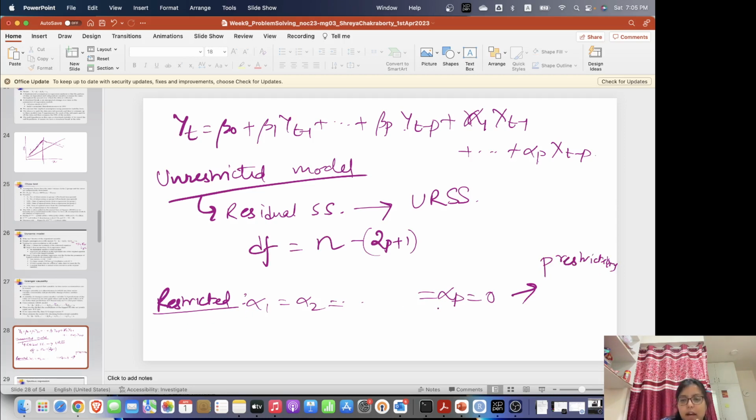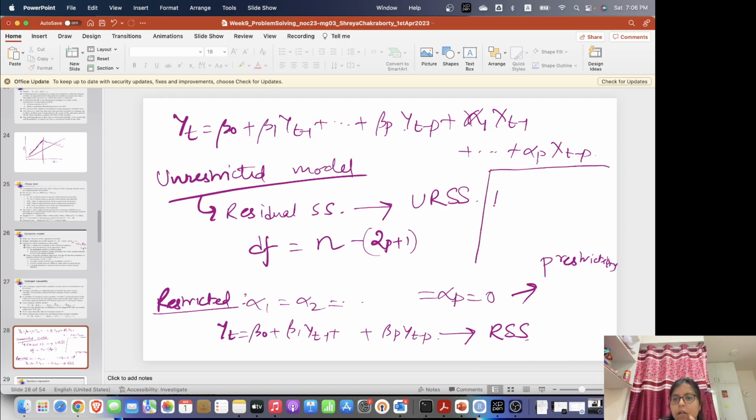Then we'll fit yt equal to beta naught plus beta 1 yt minus 1 plus up to beta p yt minus p. From this model we are going to get a restricted sum of squares, and once we get the restricted and unrestricted sums of squares, we compute restricted minus unrestricted divided by p, over unrestricted sum of squares divided by n minus 2p minus 1.